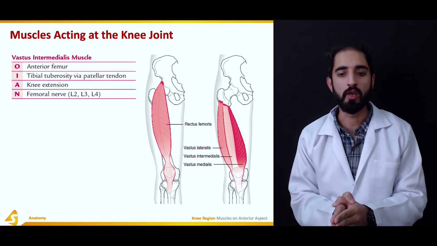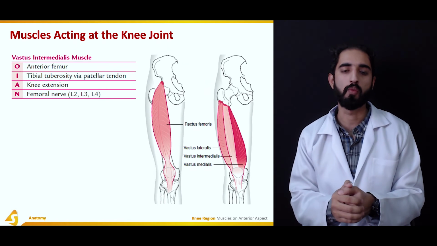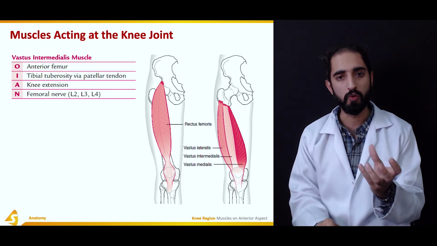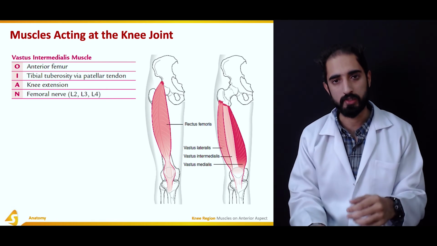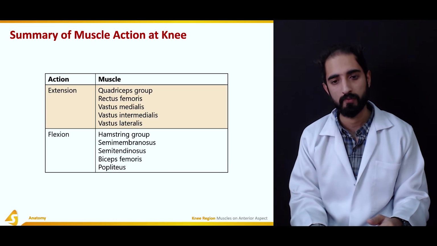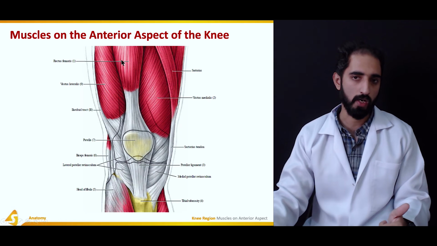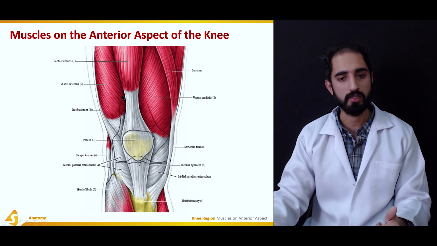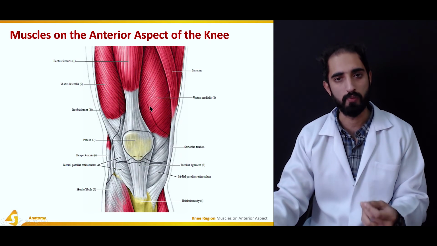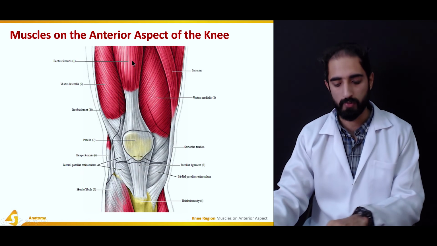Now talking about the vastus intermedius muscle, it is the fourth muscle, and it wasn't available in the view in which we saw all these muscles. Let's take a look back at that diagram. Here we can see the rectus femoris, the vastus lateralis, and the vastus medialis, but we cannot visualize the vastus intermedius because it is located beneath the rectus femoris.